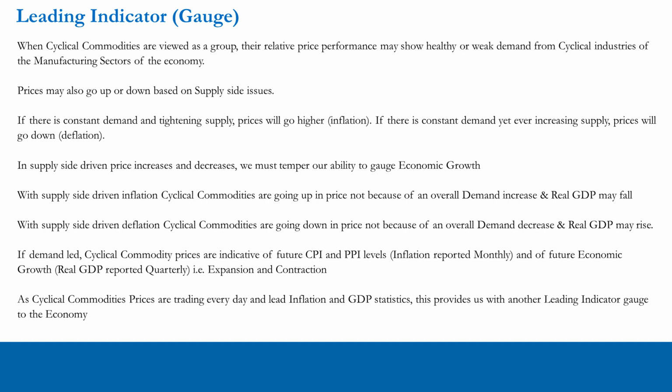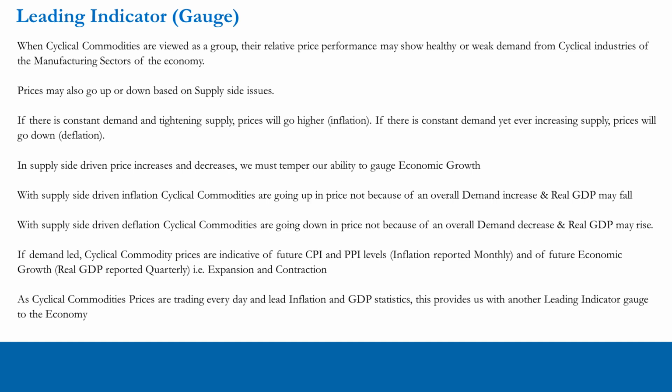So if at any point in time we are analyzing cyclical commodity prices and indices, what we have to understand is that if when we do our work, we determine that the price is moving, whether that increases or decreases, if the price is moving because there's a supply-driven issue, we must temper our ability to gauge future economic growth.